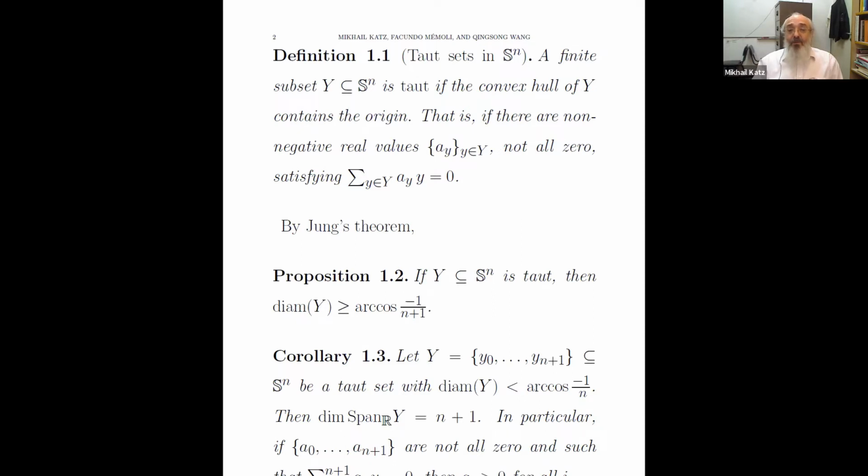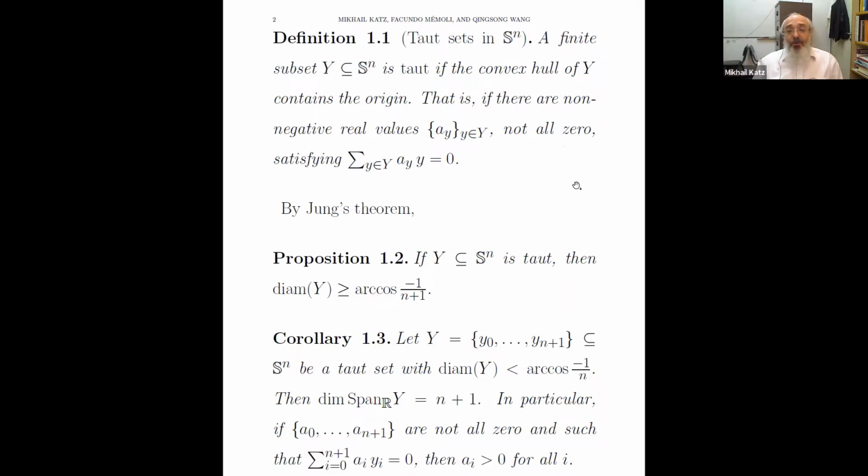In the case of the two-sphere, that's arc cosine of minus 1/3. So it's something smaller. And these numbers are bigger than pi over 2, and they approach pi over 2 as dimension tends to infinity. So in any case, there's something interesting that happens for these sets with a diameter limitation, as we will discuss in the future.